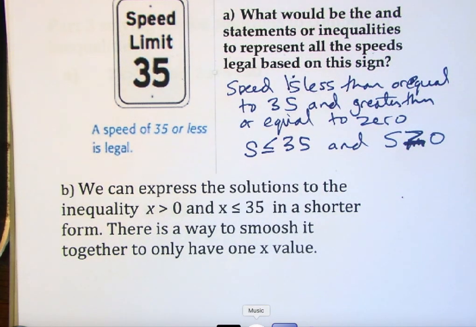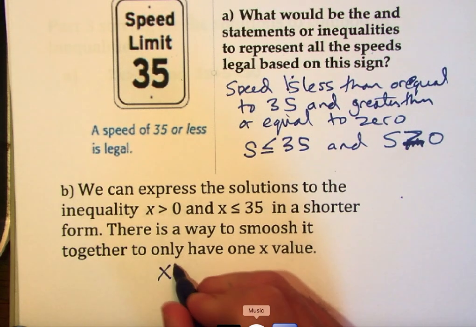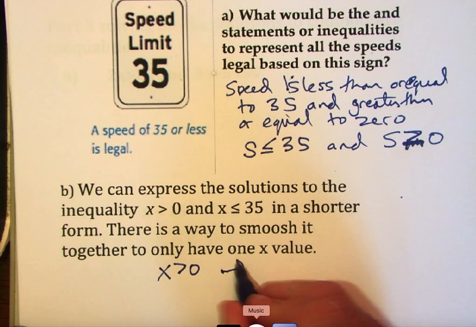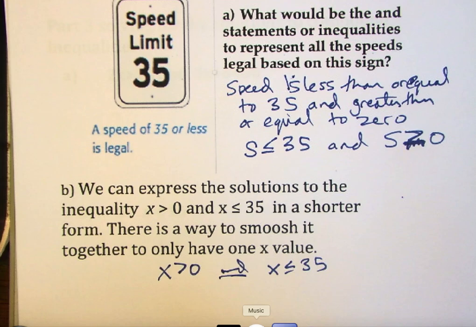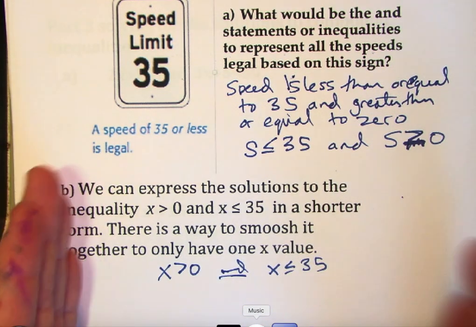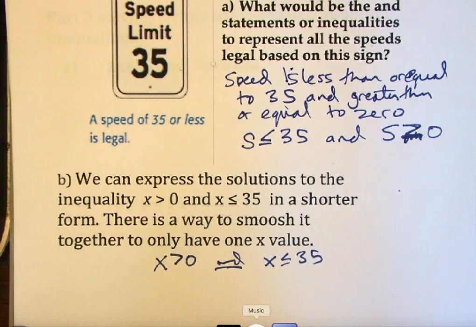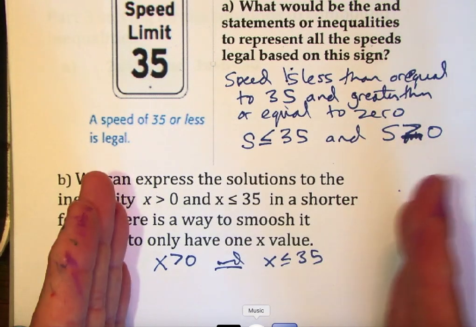So I want you to think, is there a way we could take these two inequalities, this and statement, and move it around and smush it together so we only actually have one x and it represents the same thing? Mathematicians thought there's a way to do it.